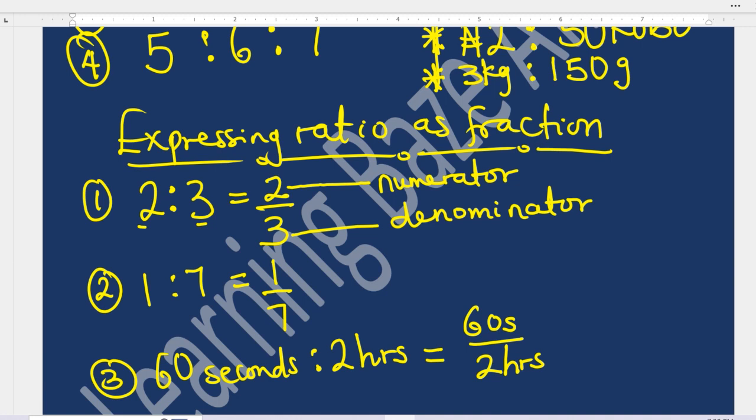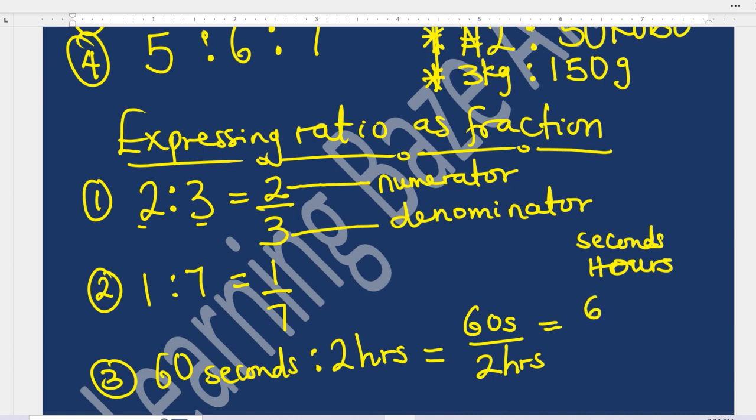Now, let us make sure that the numerator and the denominator are in the same unit. What we call unit is seconds, then hours. You can see that they are different and we have to make them equal.